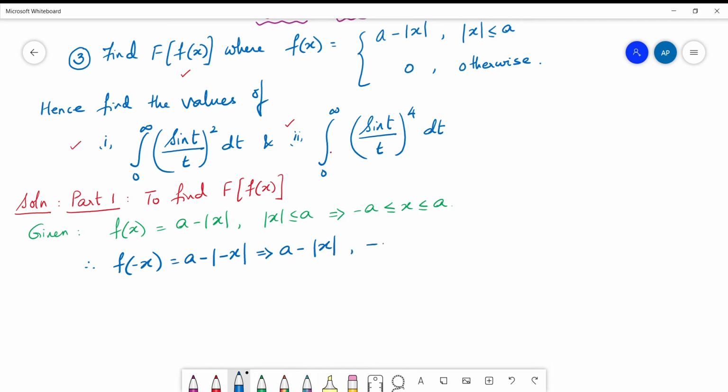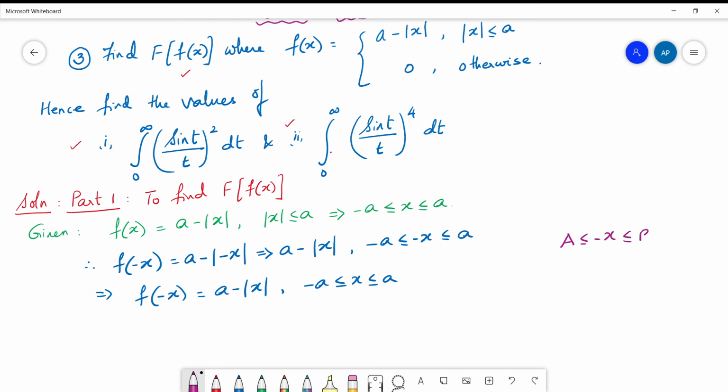And the interval is minus a less than or equal to minus x less than or equal to a. And hence when I simplify that, I get f of minus x is again a minus mod x, and on simplifying this inequality it becomes the same, minus a to plus a. As you may recall that a less than or equal to minus x less than or equal to b implies minus b less than or equal to x less than or equal to minus a.